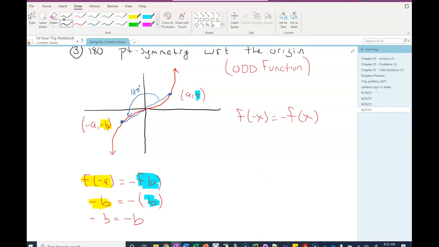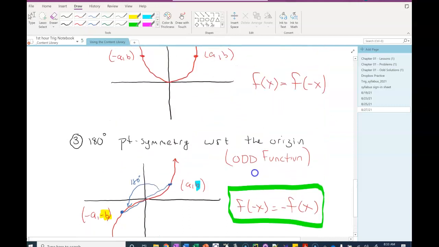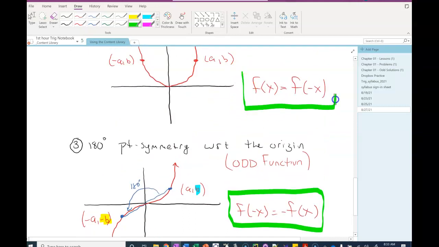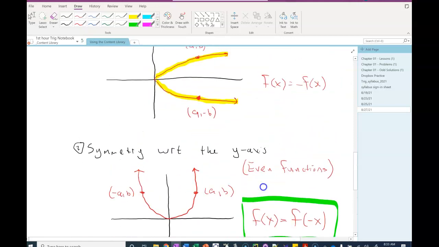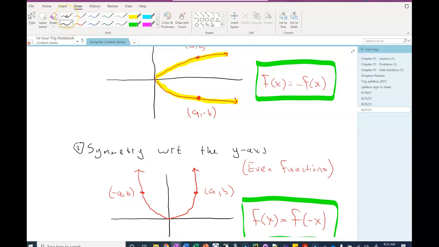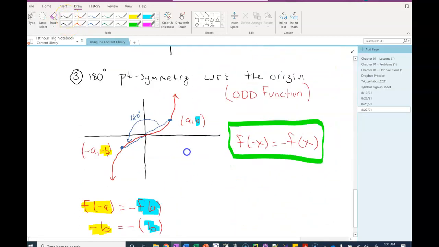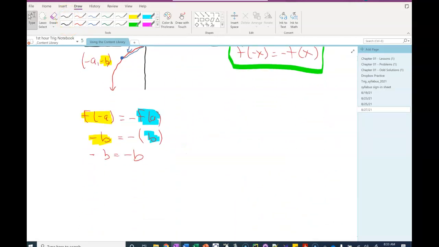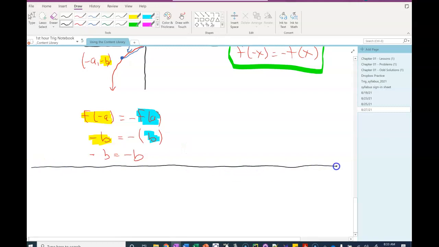We also gave you an algebraic definition. So the algebraic definitions in these cases were always these relationships. And that's the part that we're going to be using to do the problems.